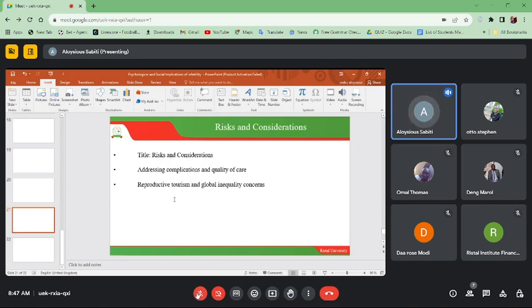For example, when taking these intravaginal fertilization therapeutics, there are chances of premature birth and so forth. These are some of the complications and risks which need to be addressed so that this is more quality and more effective. So the consideration is that there needs to be some attention to reproductive tourism and global inequality concerns.